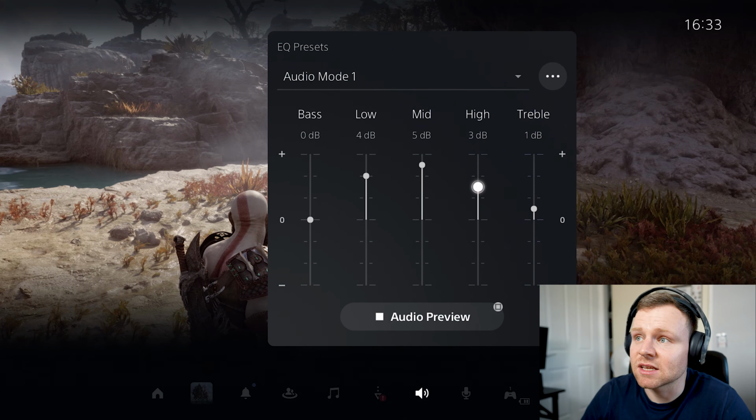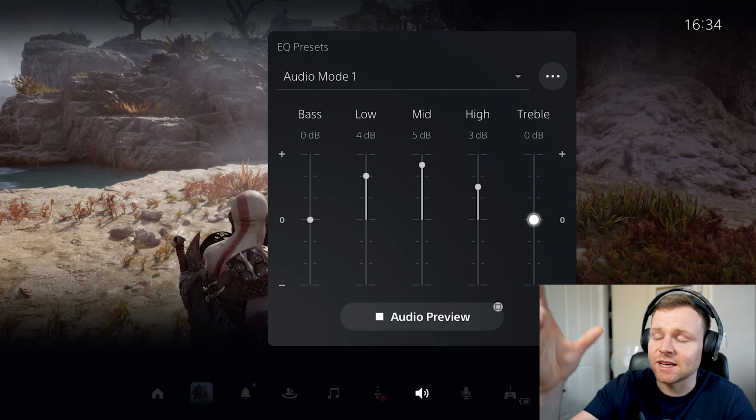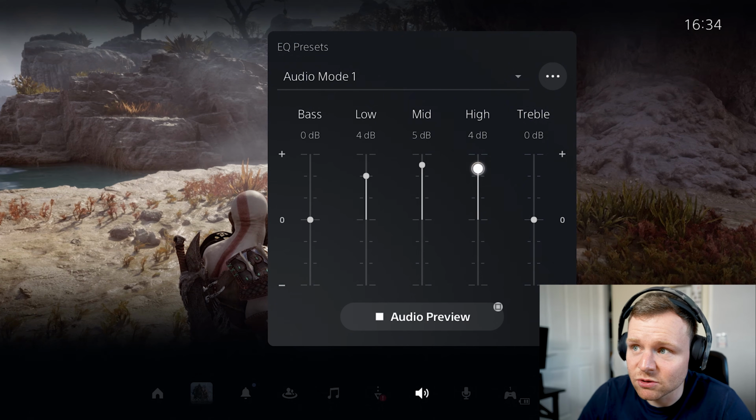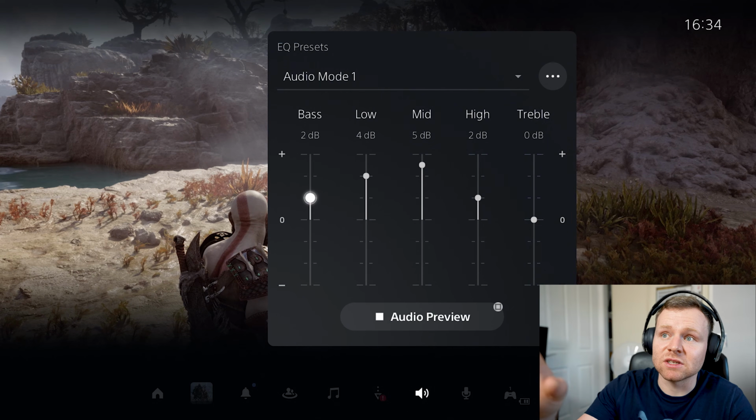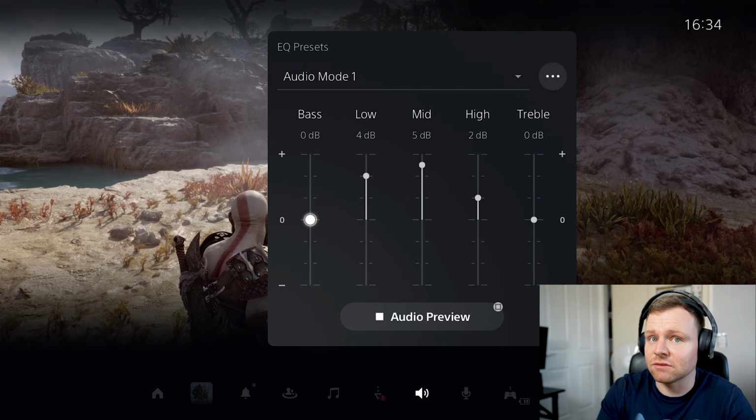Pushing up those highs a little bit, just closing your eyes and hearing the difference between the sound sources and asking, what does it do if I take these away? What does it do if I push it up? So experiment with that, and you'll find your preference, because everyone is going to have different preferences and everyone has different ears.